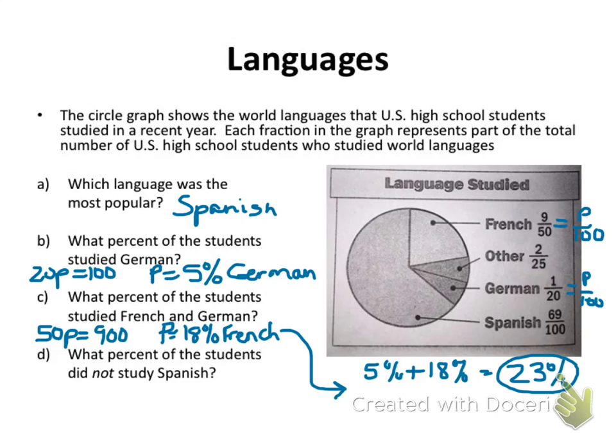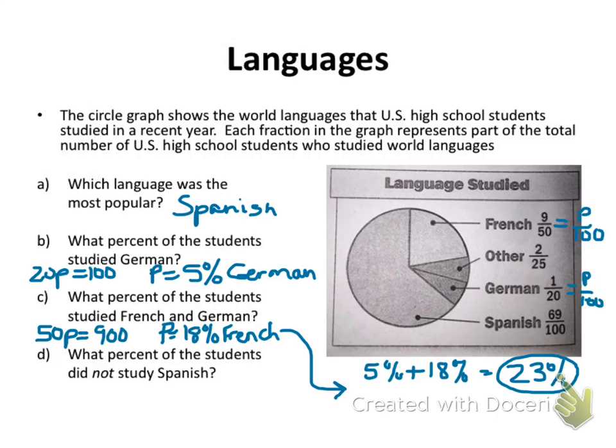Another way to do that would be to add the fractions together if you wanted to get common denominators, but chances are you'd probably just as soon add the percents together. And then we want to know the percent of the students that did not study Spanish. There are a couple ways to do this. What's the percentage of the students that did study Spanish? You could look at the fraction. Since it's over 100, we know that relates to 69%.